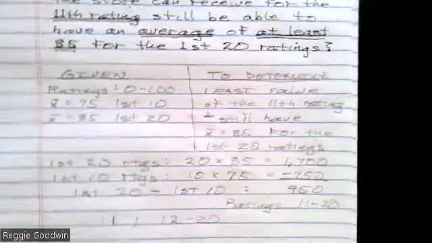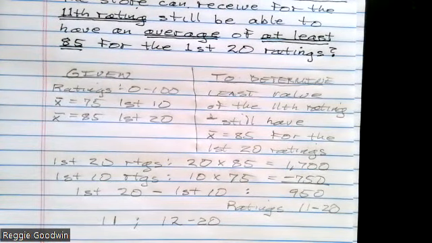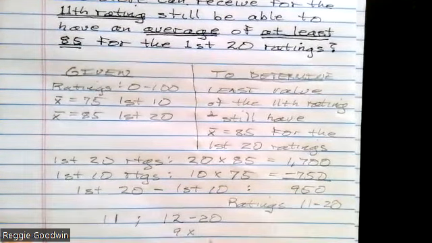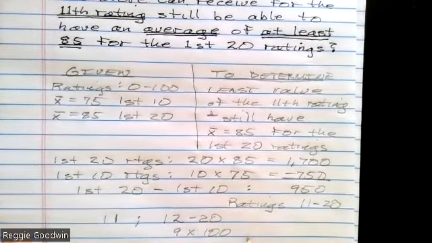So I'm going to assume the maximum for ratings 12 through 20. And the maximum would be they each got 100%. Well, ratings 12 through 20 would be 9 times 100, which would be 900.